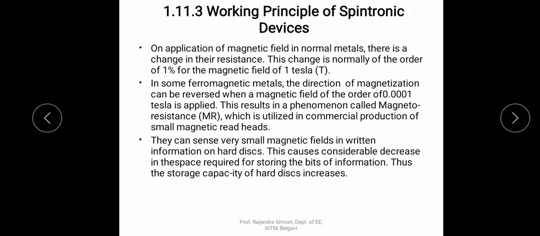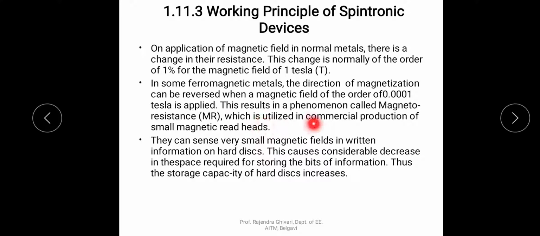Now we need to look at the working principle of spintronic devices. On the application of a magnetic field in normal metals, there is a change in the resistance. This is normally of the order of 1% per Tesla of the magnetic field. In some ferromagnetic metals, the direction of magnetization can be reversed when a magnetic field of the order of 0.001 Tesla is applied.